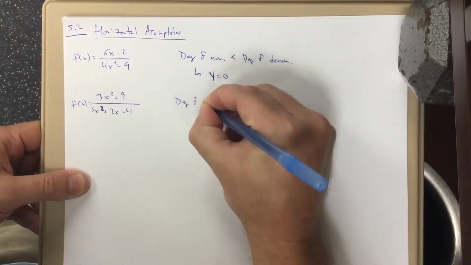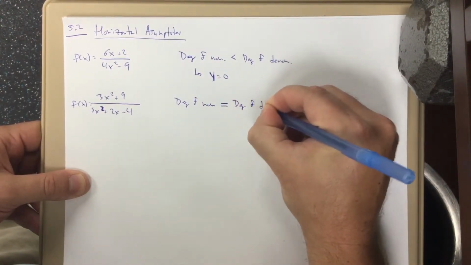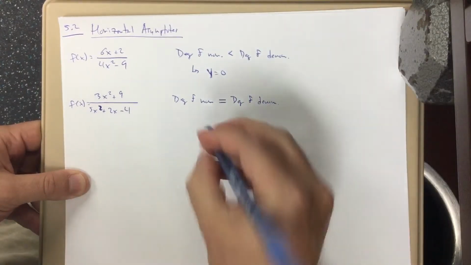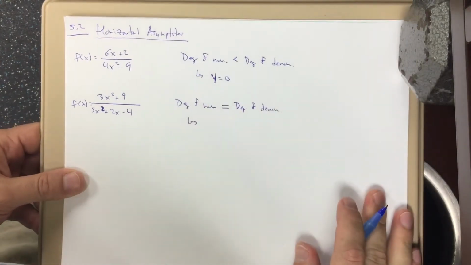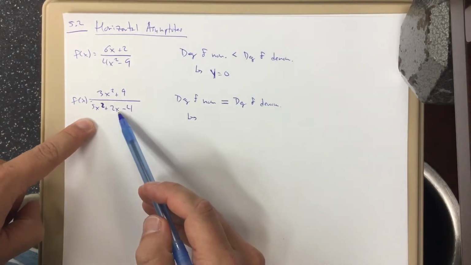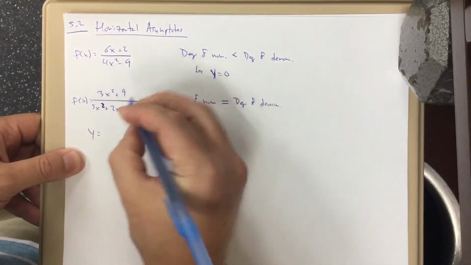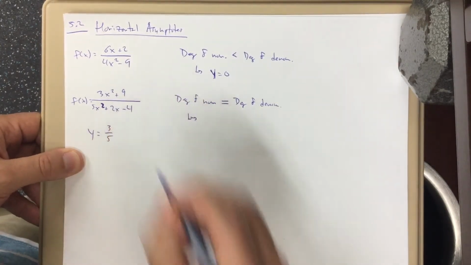When that happens, this is the one that I'm not very good at saying in words, and the book is not very good at saying it either. But let me just show you. In this case, there will be a horizontal asymptote at the line y equals 3/5.